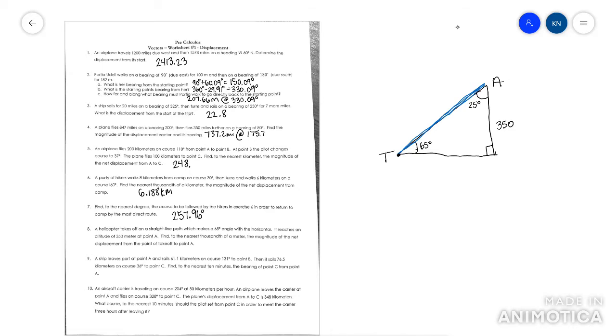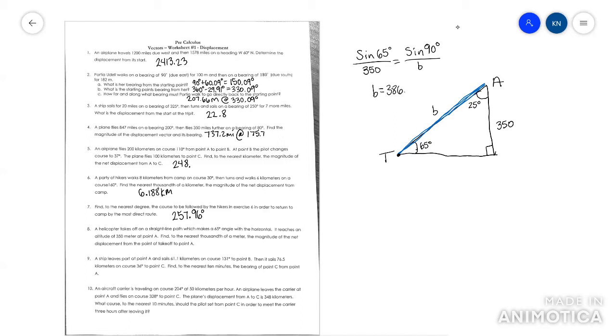All right, so you could do SOHCAHTOA here. I'm just going to run law of sines, though, to stay consistent. It's going to look like this: sine of 65 degrees to 350 equals sine of 90 degrees, because it's a right angle, to, we'll call this B. Doesn't matter what you call it, to B. If you do this right, you'll get B equals 386.18.